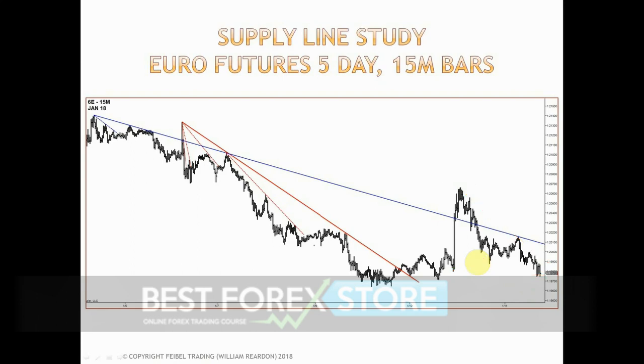I would be drawing hundreds of lines all over this chart. I didn't keep them in because I don't want to confuse the study, as this study is literally just for supply lines.